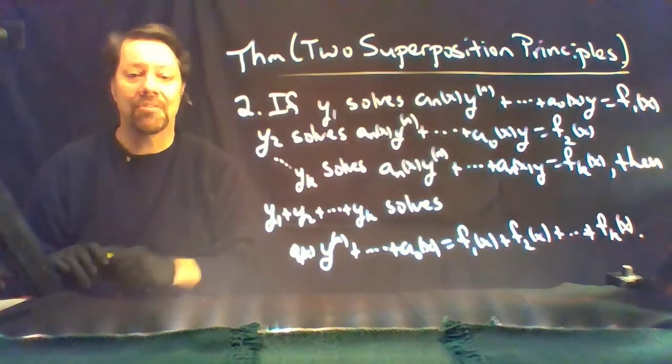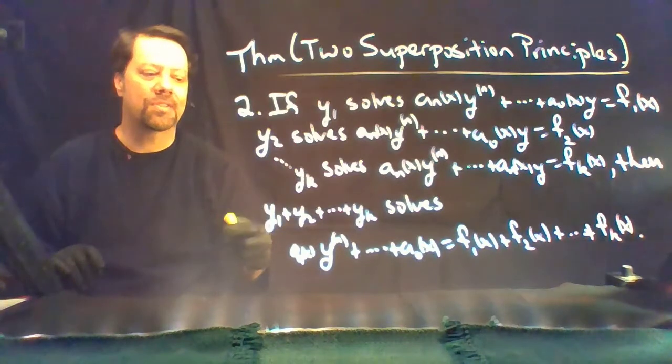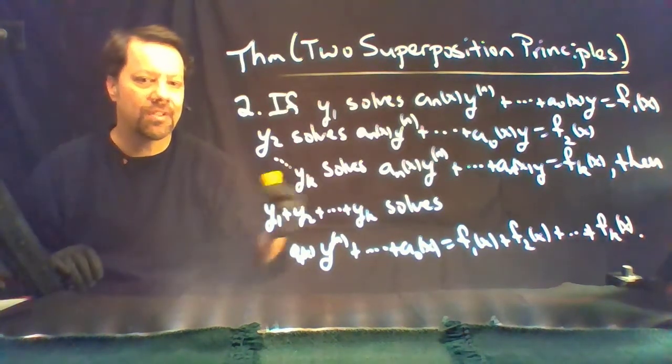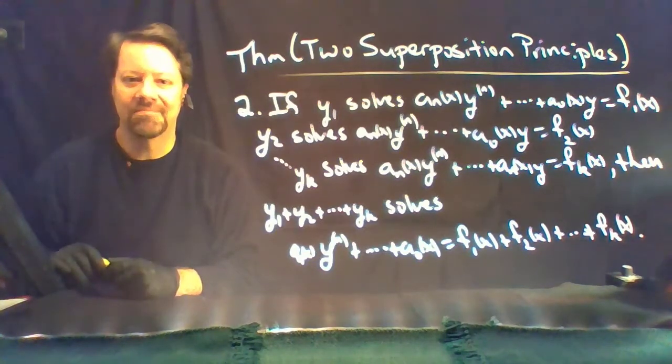This tells us how to solve that problem we just had. We'll find the particular solution for each of the individual forcing functions and add them together. Back to our example.